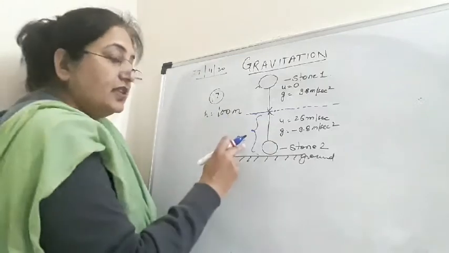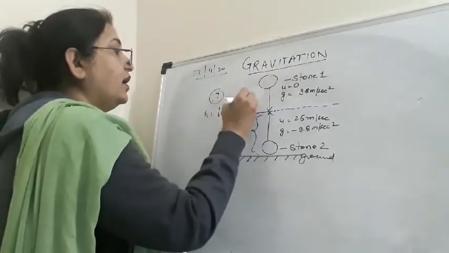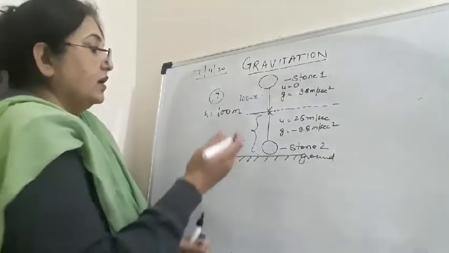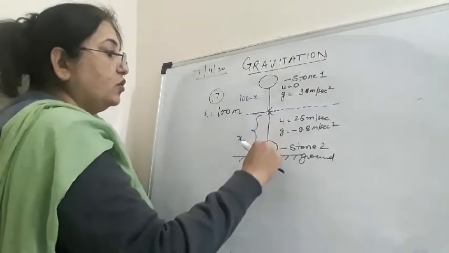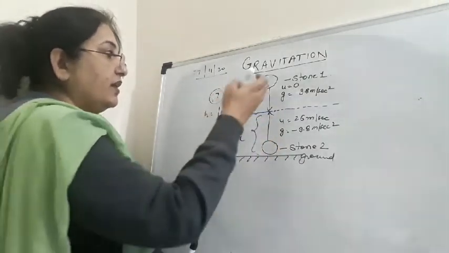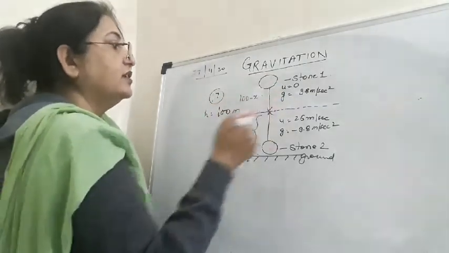If this distance is x, children, then what will be this distance? This will be 100 minus x. So for this particular stone, the distance covered until the meeting point is 100 minus x.